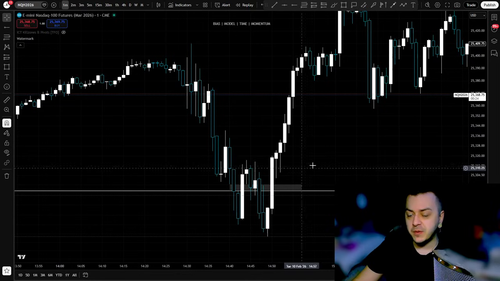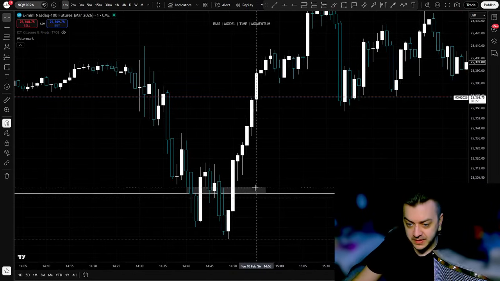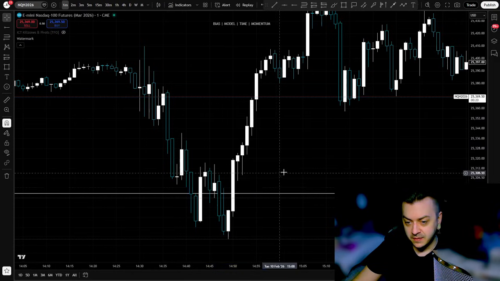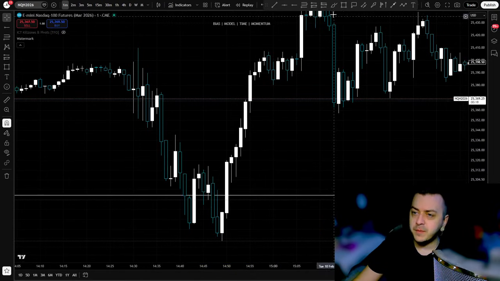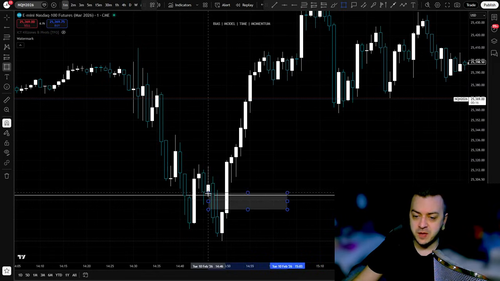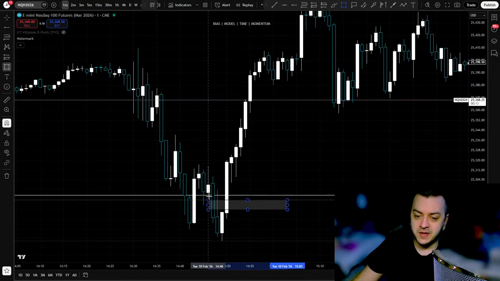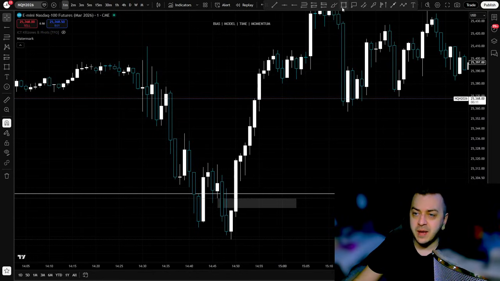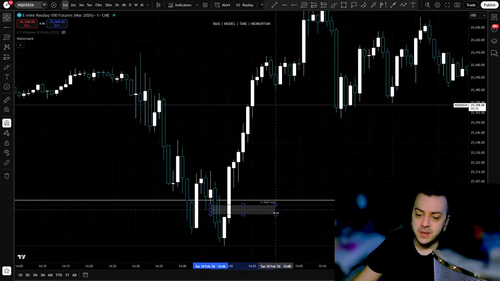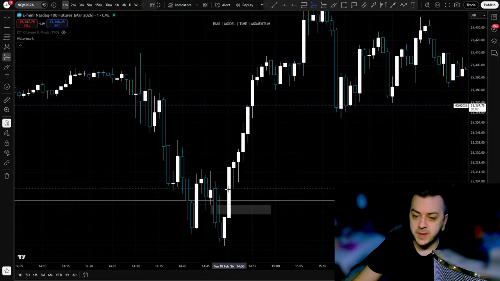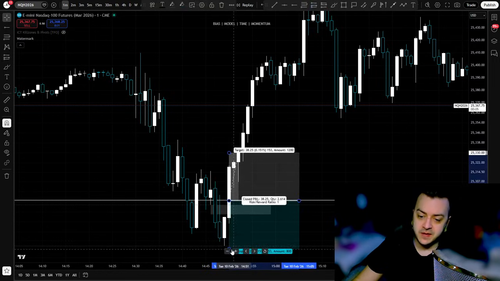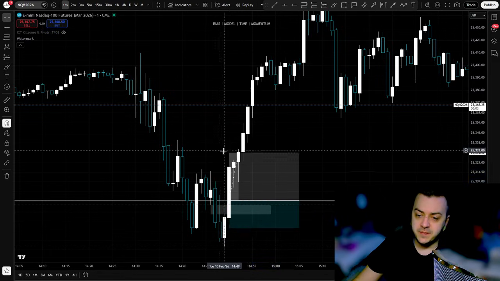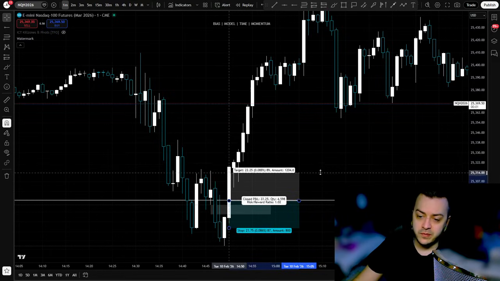But then immediately afterwards, we got ourselves down here, which you can't actually see. But there was a 30-second entry, which was like this, which I decided to take. I haven't got the 30-second time frame at the moment, but I'm working on getting that. But as we can see, there was basically another entry here, 30-second like this, which I entered, and then this one actually won for me.